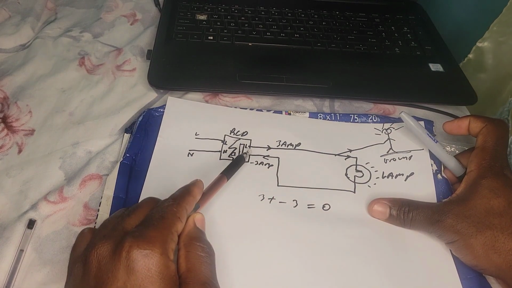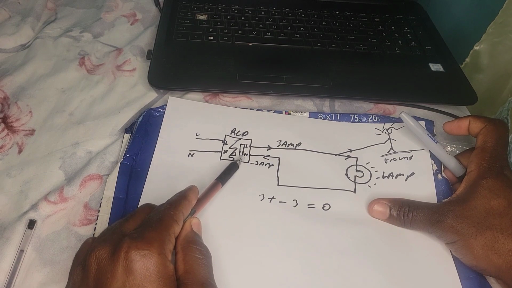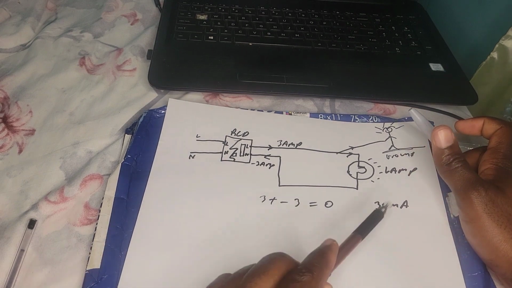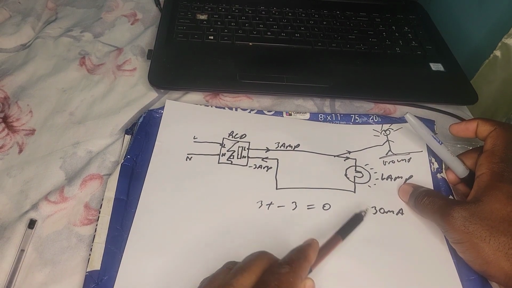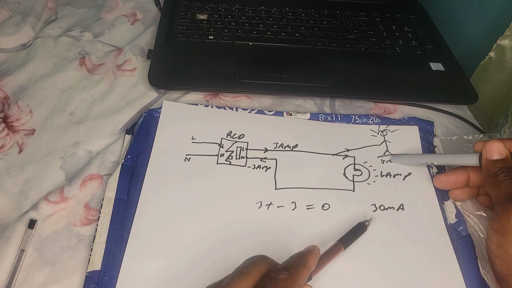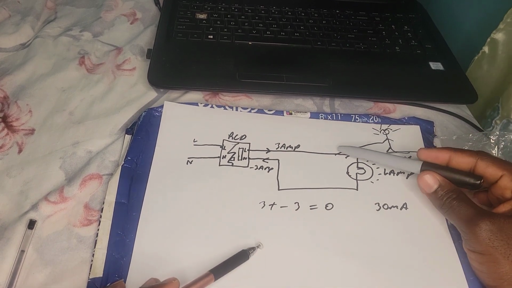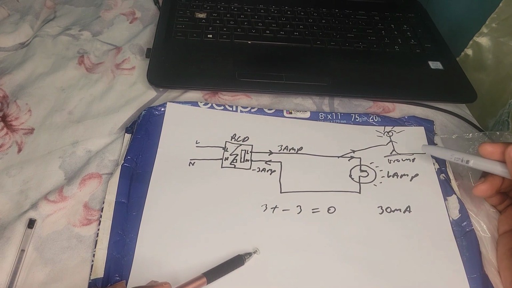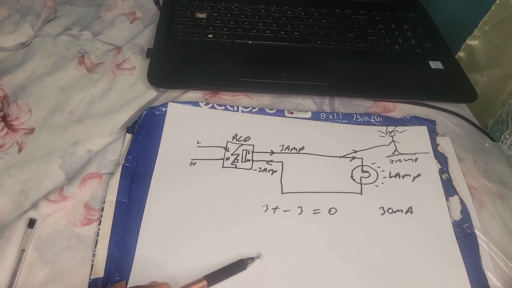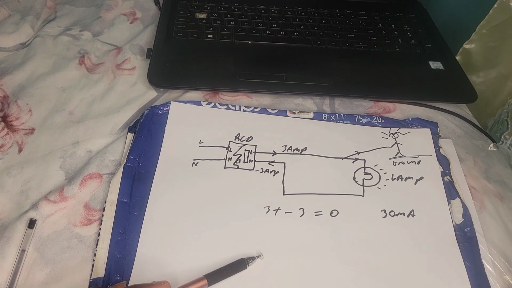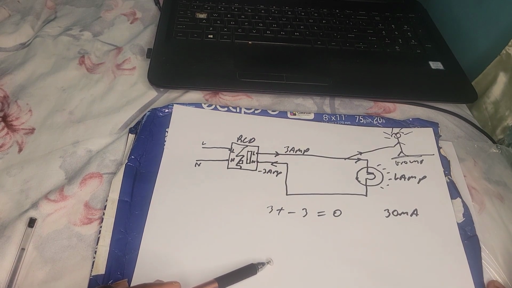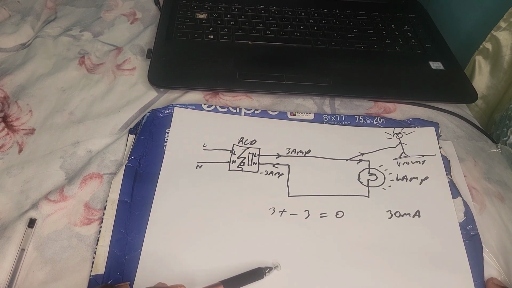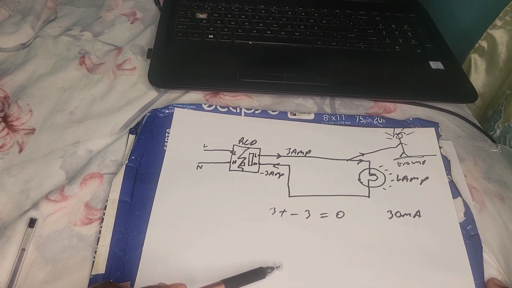And this summation current transformer, which is in the RCD, can pick up current as small as 30 milliamp. So just 30 milliamp flowing through that little boy, the RCD picks it up and says, no, something is wrong. What I sent out is not what I get back. So let me just open the circuit. And that, my friend, is the simplified version of how a residual current device works.